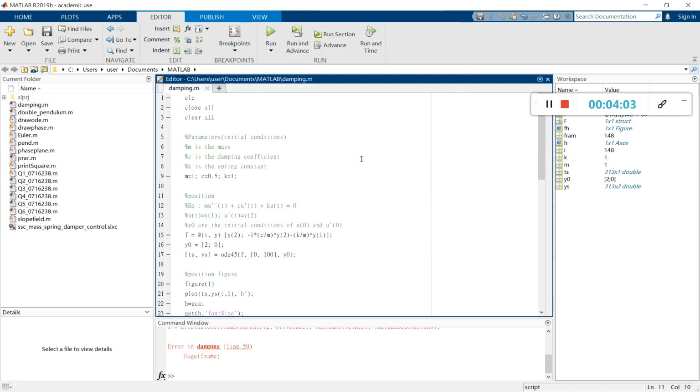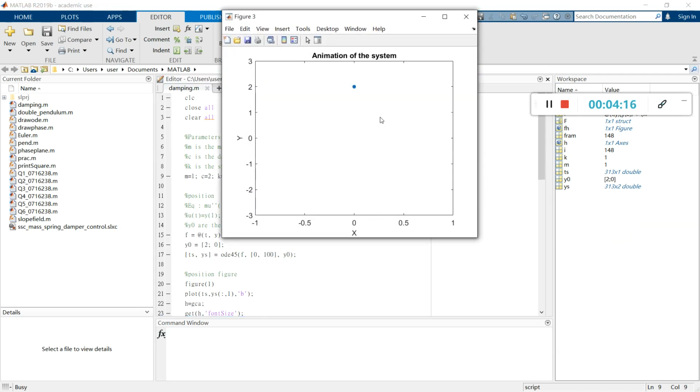Then we show critically damping. So the damping coefficient will equal 2. You can see the animation of the system will stop here at 0.